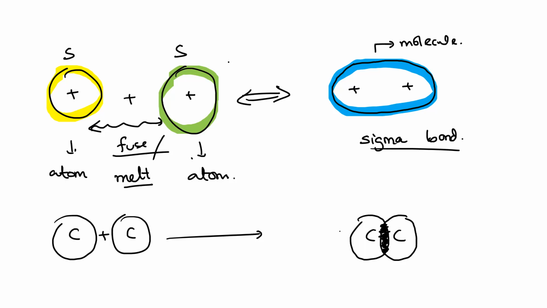Now, coming to the other side, what is a pi bond? How do you understand what a pi bond is? What do we mean by a pi bond? It has a dumbbell shape. So basically, a pi bond doesn't have a dumbbell shape.